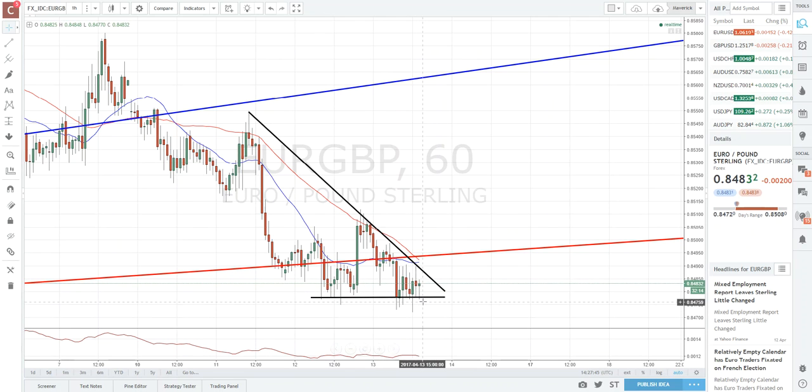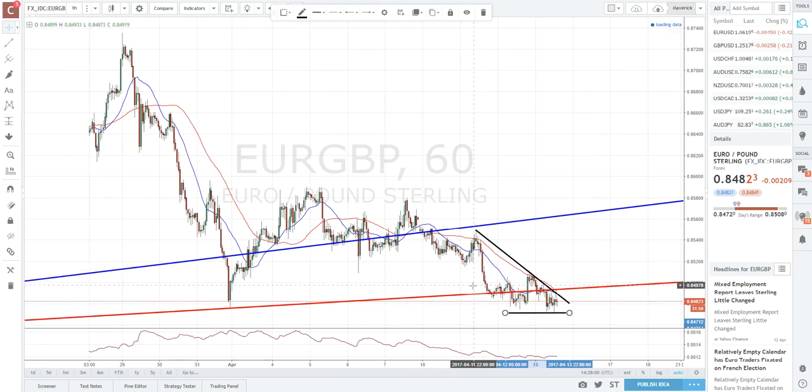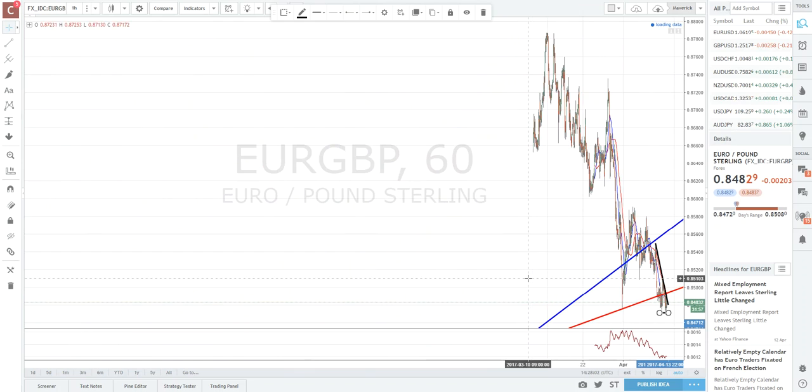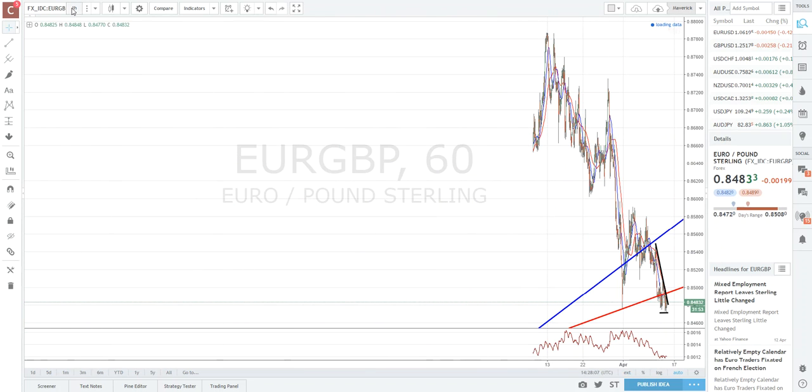So what we're going to be looking for here is a break of the trade that I called out, a break down here. I'm at about a 4.70. So if price comes down here and breaks below here, I'm going to be looking to go short. And if you back out, let's go higher time frame.